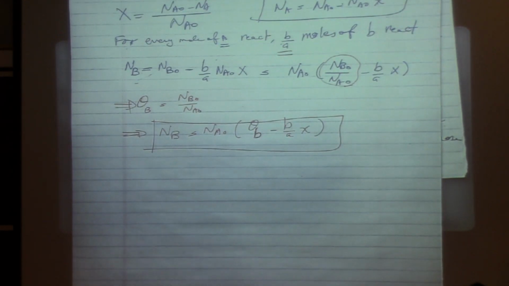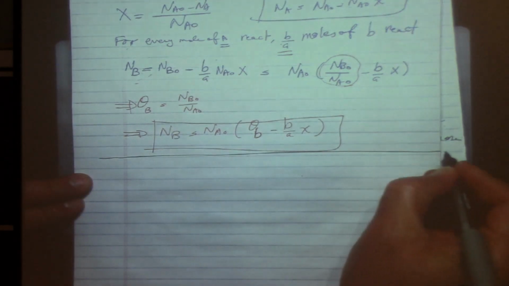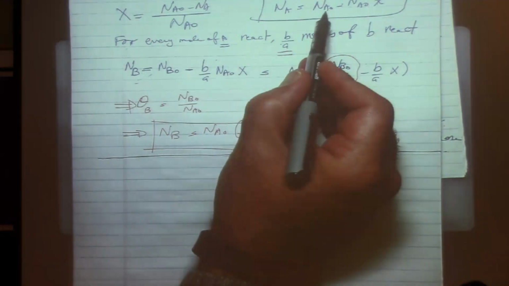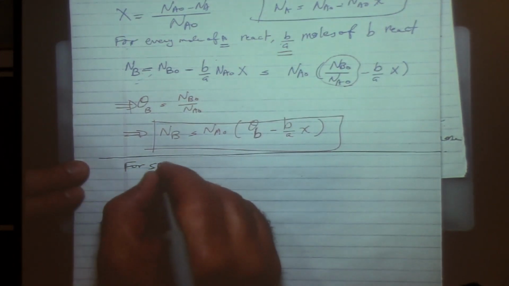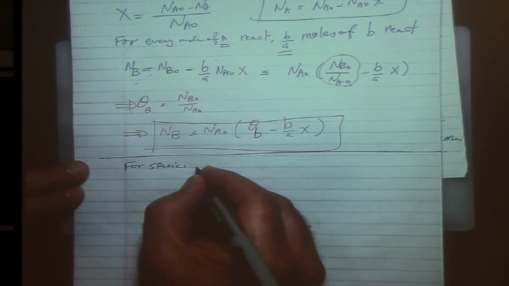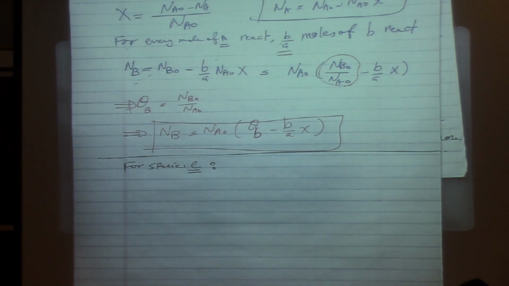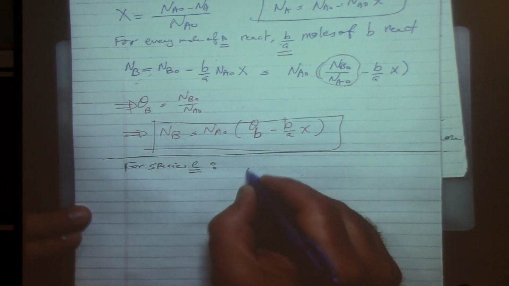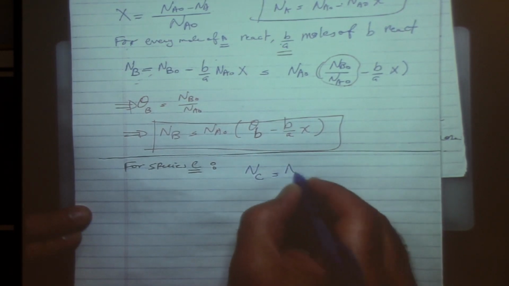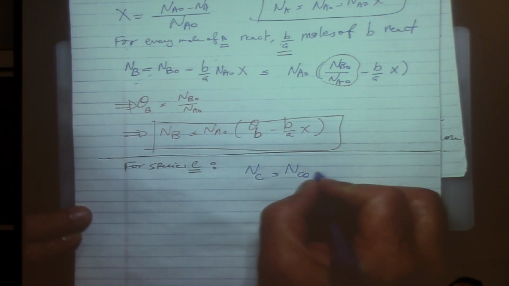Help me out for the other ones, very similar. For NA it is this, for NB it is this, for species C, a product. NC is NC0, plus or minus here?